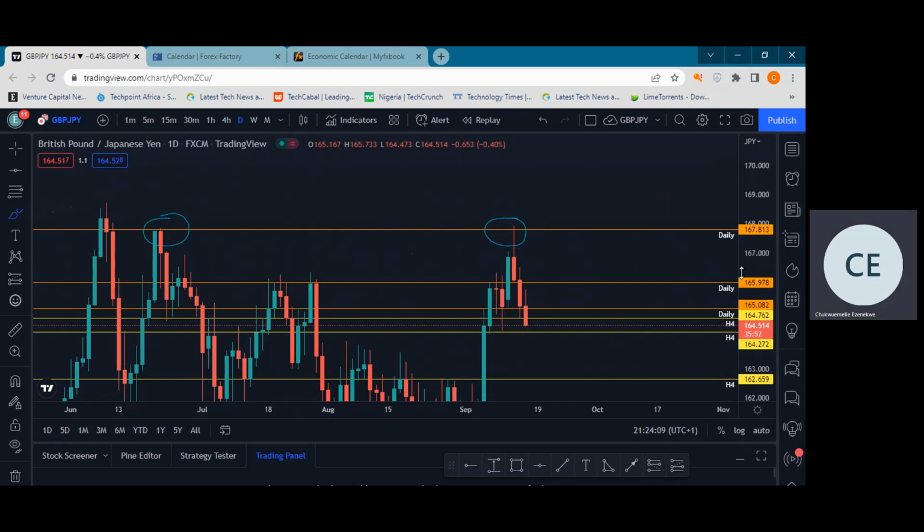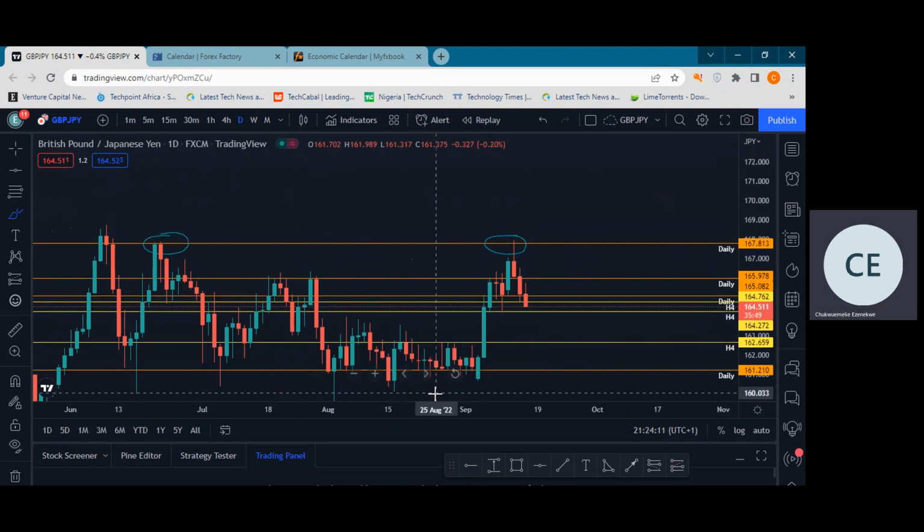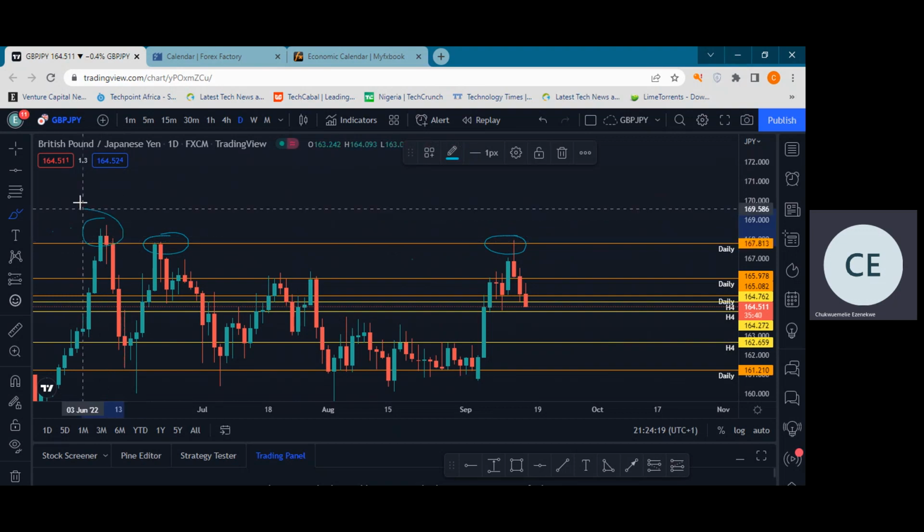Now, the same thing is happening here. Price moved strongly again, reached this zone. There was a strong rejection, the same way we had this rejection here. What's the most plausible thing for price to do?